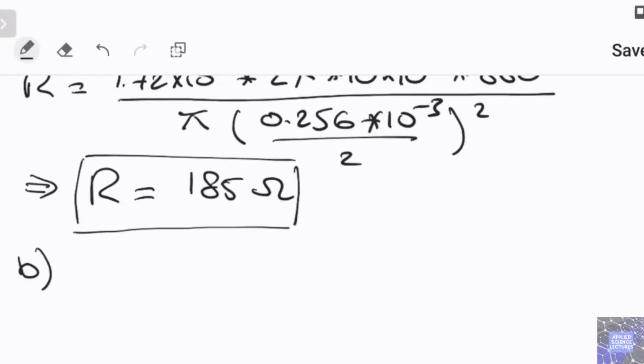Part B is calculating the induced current at a tilted angle.